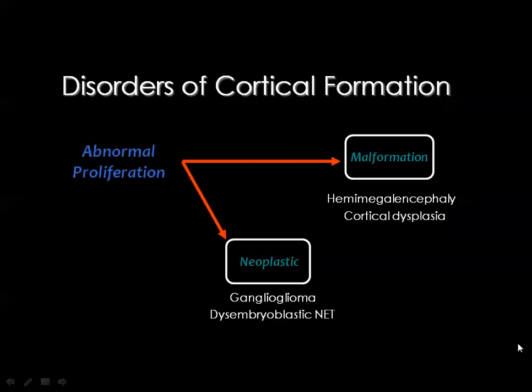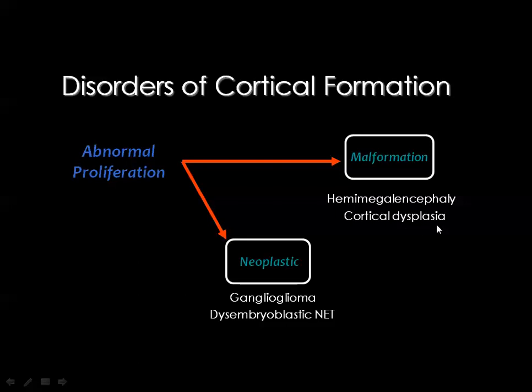Starting first by the stage of proliferation. Whenever there is an insult that has resulted in abnormal proliferation in the subependymal cells, this will result in an abnormal size of the affected brain tissue, and you got two very well-known diseases, which are the hemimegalencephaly and the cortical dysplasia.